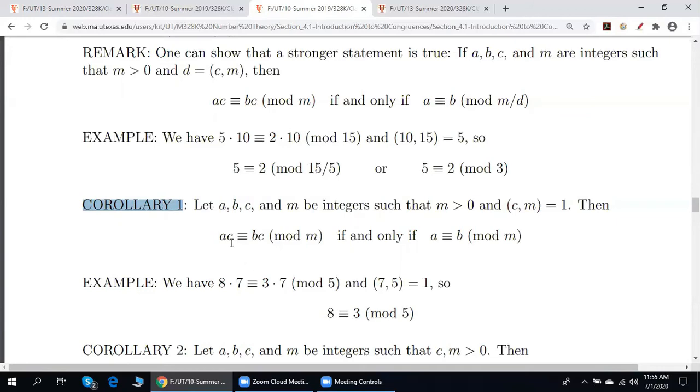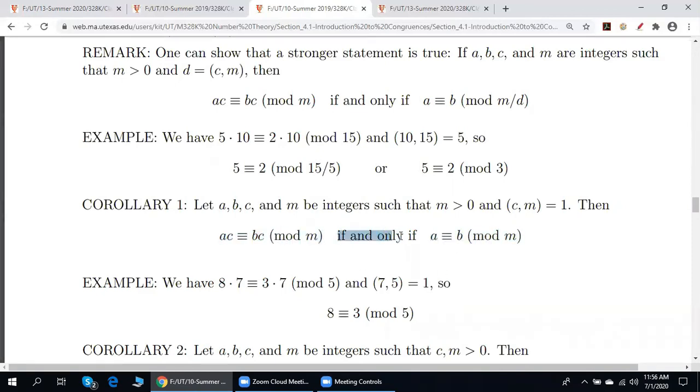If we have the following congruence, AC is congruent to BC modulo M, and if C and M are relatively prime, then C can be cancelled. So this implies this.